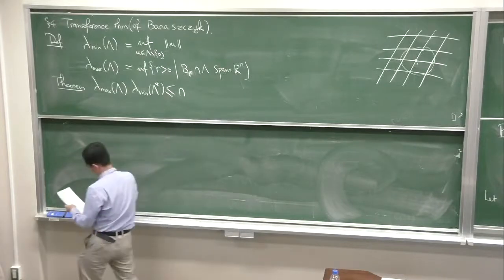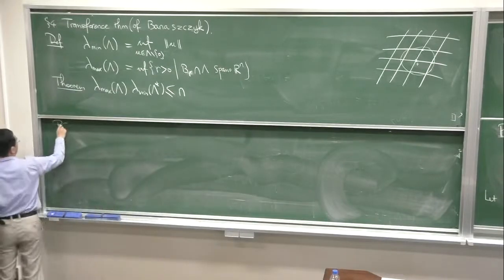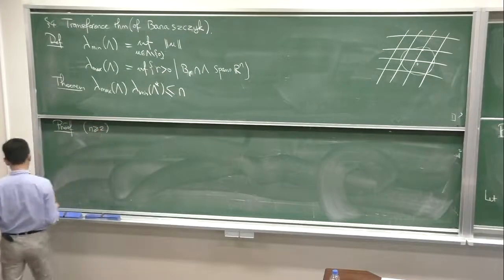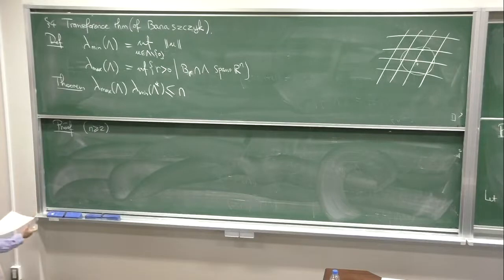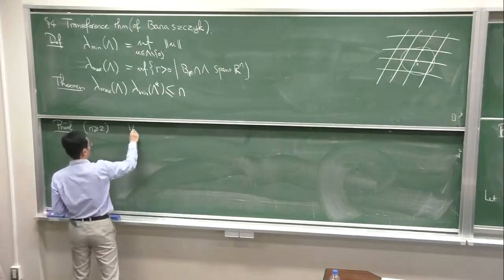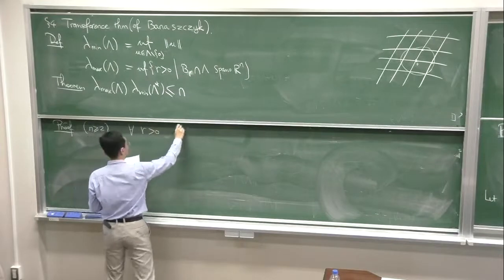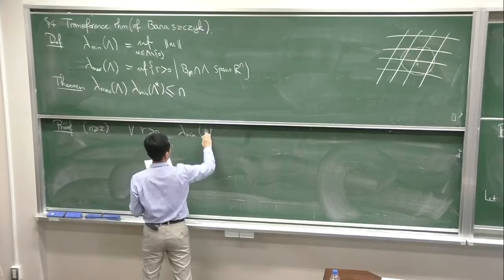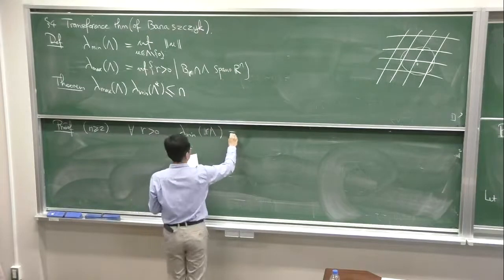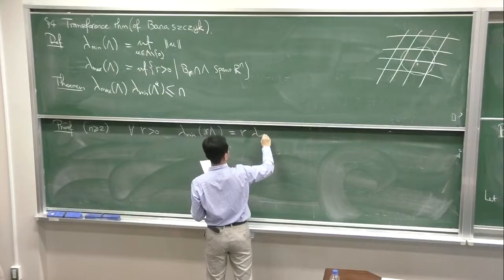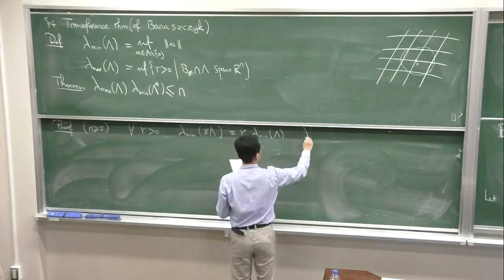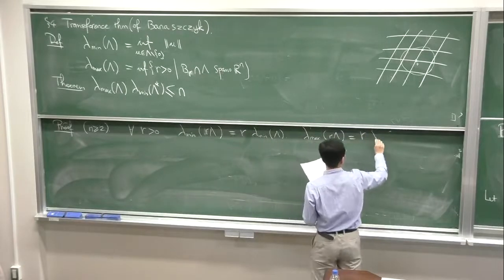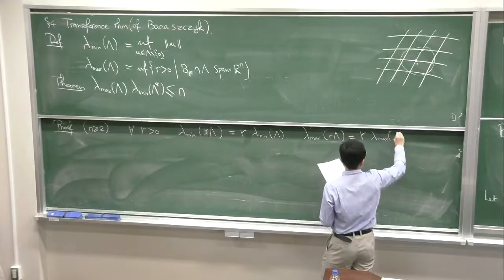So still, I assume that n is at least 2. For the case of n equals 1, it's somehow easy. For any R positive, you will have lambda min of R lambda is R times lambda min of lambda, and also lambda max of R lambda is R times lambda max of lambda.